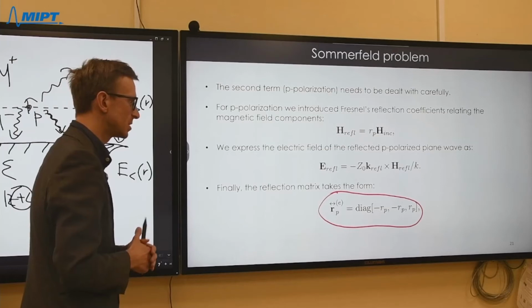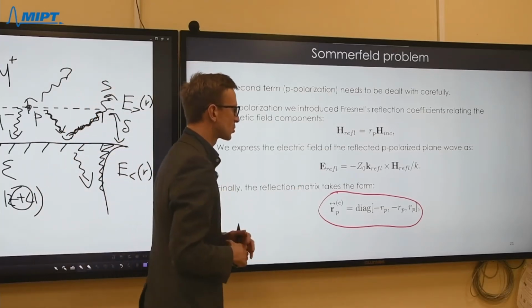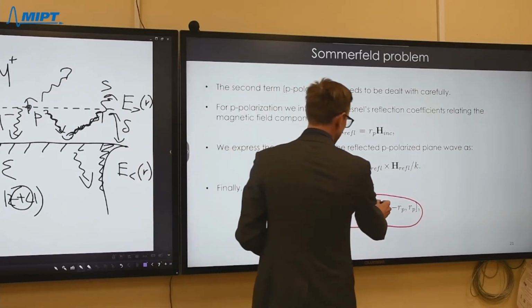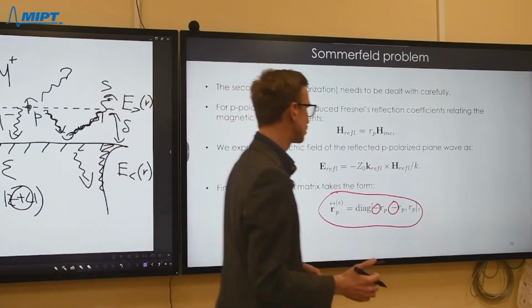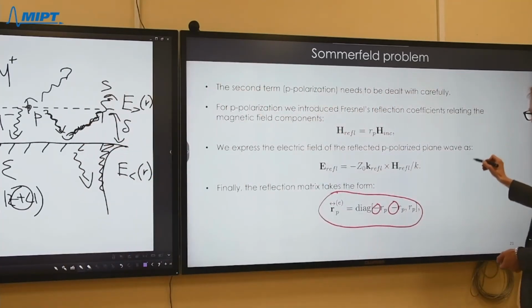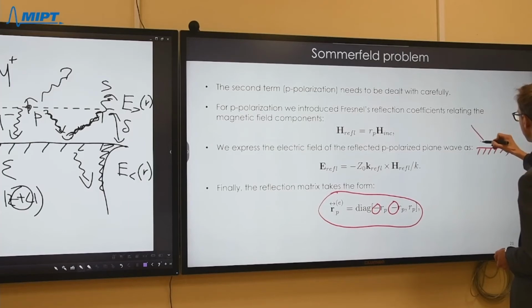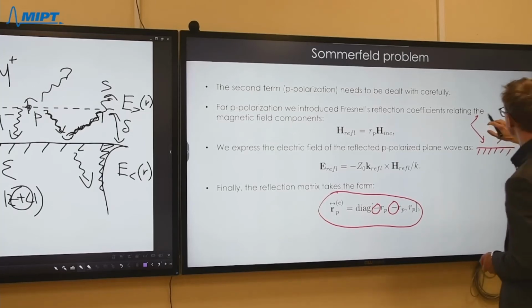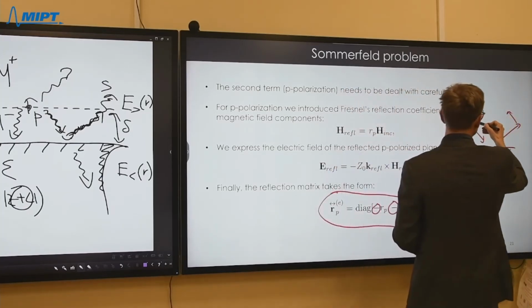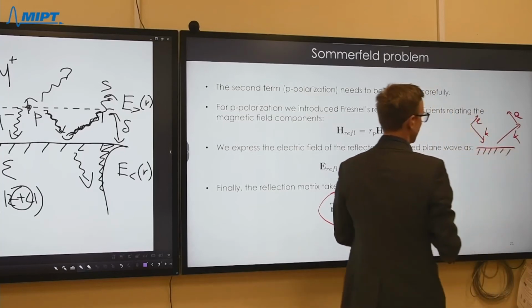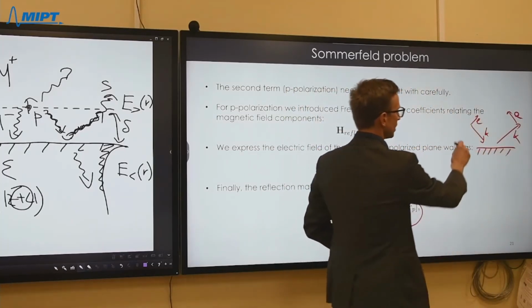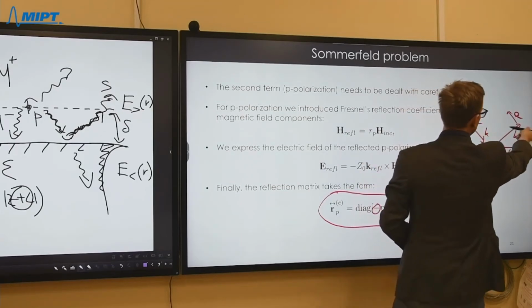In this isotropic geometry, this is described by the following tensor, where these minus signs, which describe the relation between x and y components, can be understood very easily because, just like I tried to illustrate on the previous slide, if we have a p-polarized wave and a reflected wave, the z component of the electric field, this is electric field, this is electric field, this is k, this is k, remains the same, but the x component flips, because here the x component is directed this way, here the x component is directed this way.